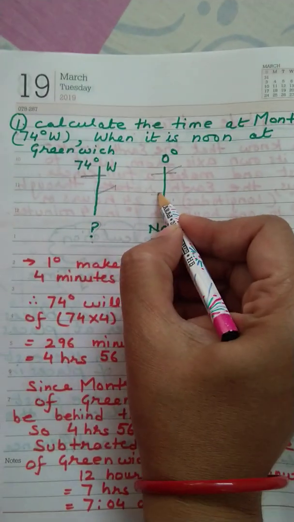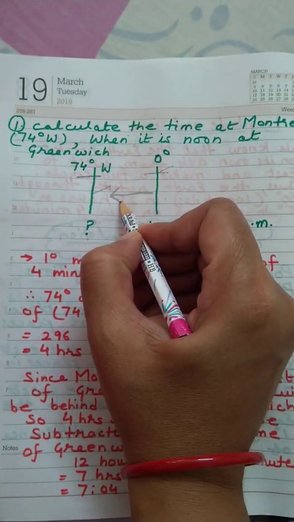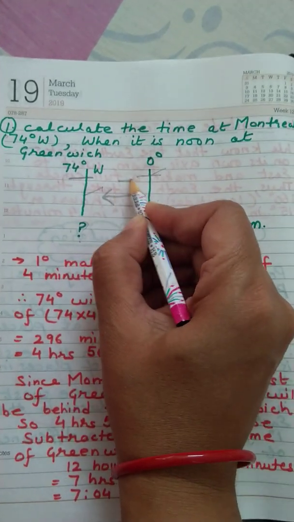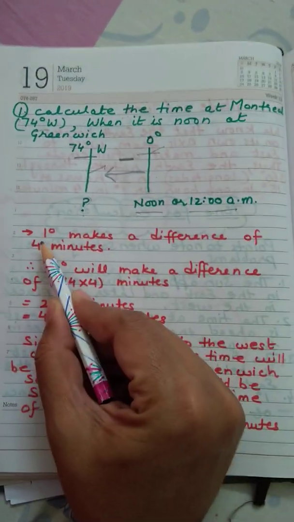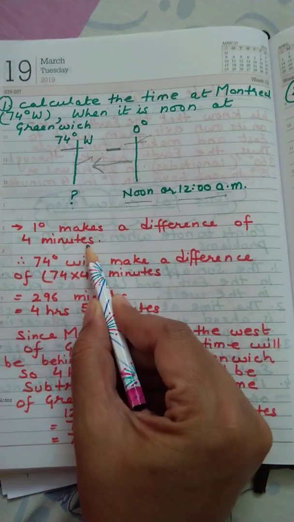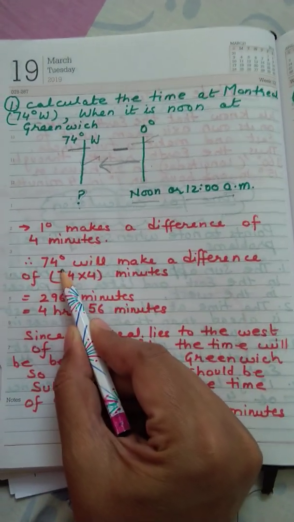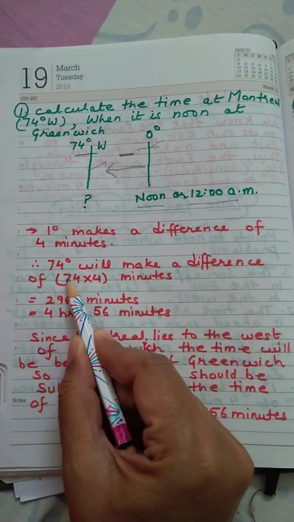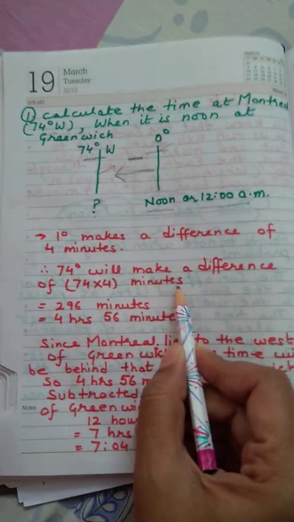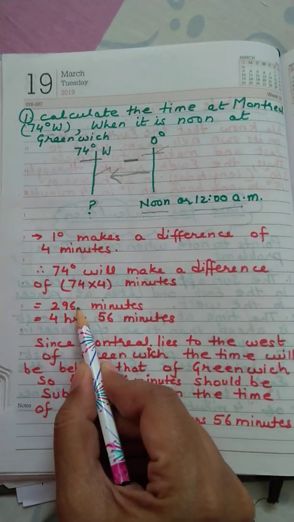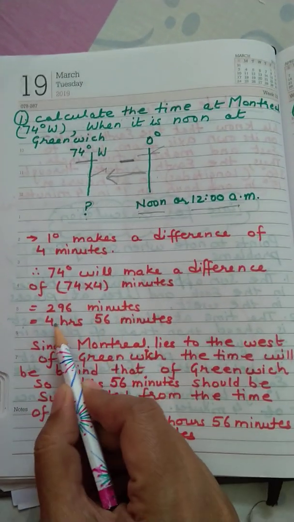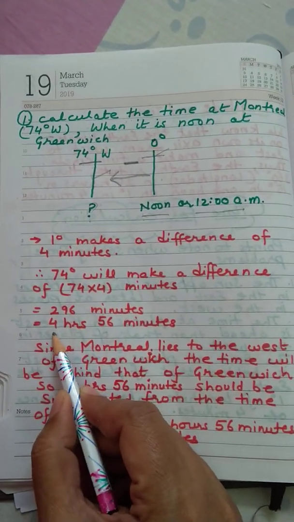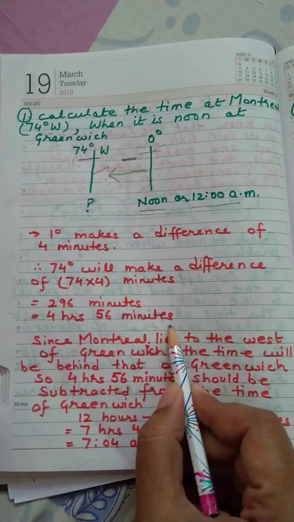As we know, if we move toward west, time will lag behind. As we know, 1 degree makes a difference of 4 minutes. 74 degrees will make a difference of 74 into 4 minutes. 296 minutes we will get, and if we convert into hours, 4 hours 56 minutes.